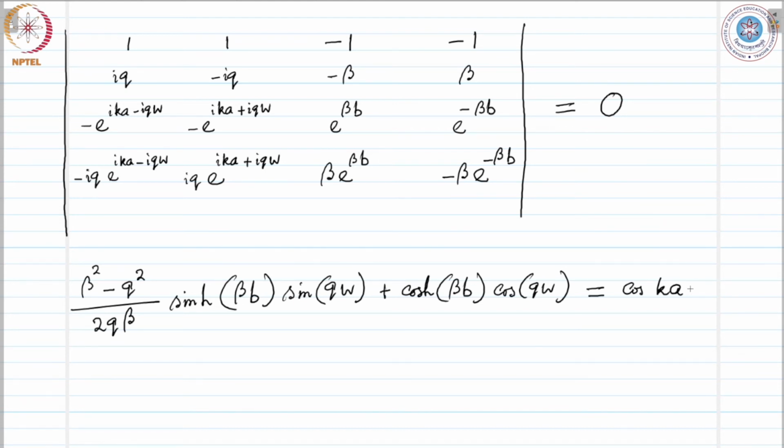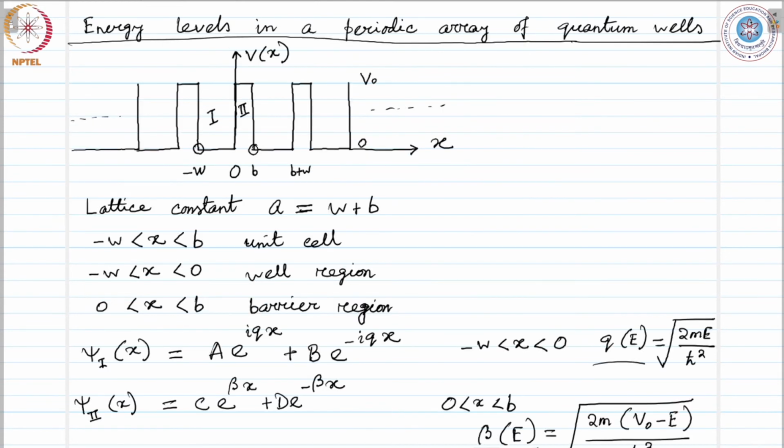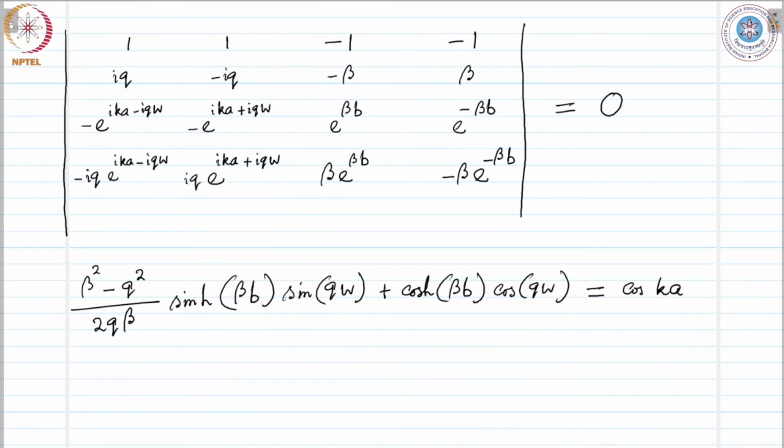Now, if we make a simplification, that means we change the form of this barrier a little bit without really changing the problem too much, just for simplicity. We make the width of the potential barrier approach 0. That means b tends to 0.